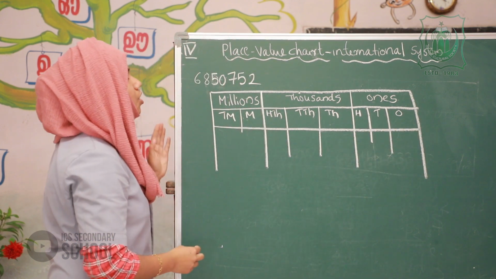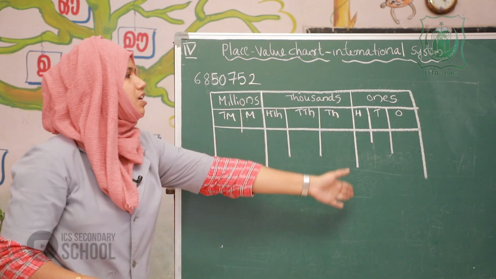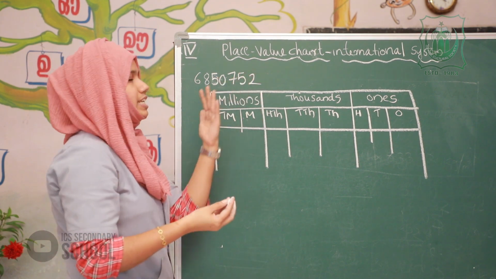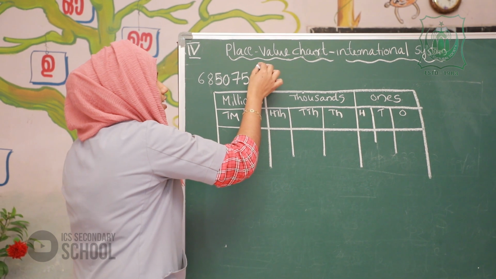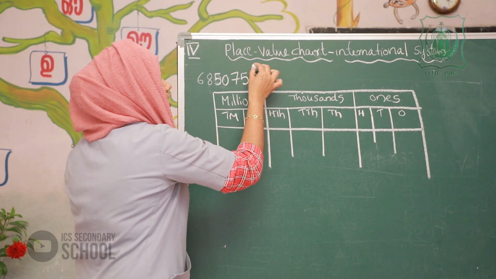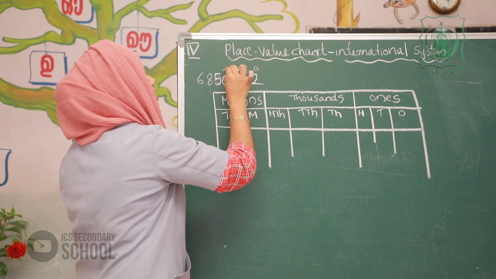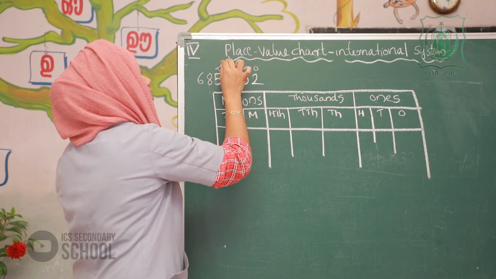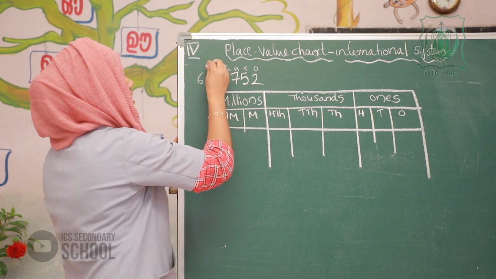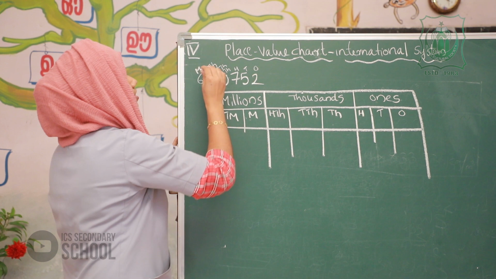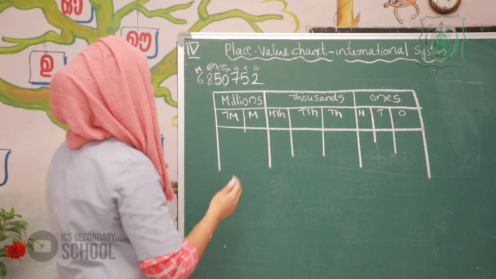Okay. Now we have to put the numbers in columns. The same way, if you get a number, you can make it. You put the places: ones, tens, hundreds, thousands, ten thousands, hundred thousands, millions. Okay.